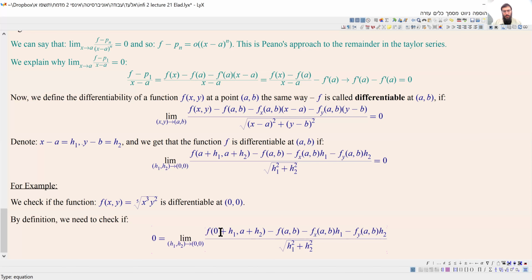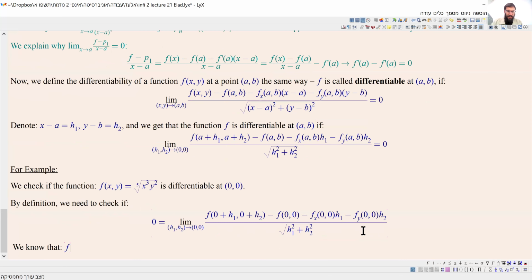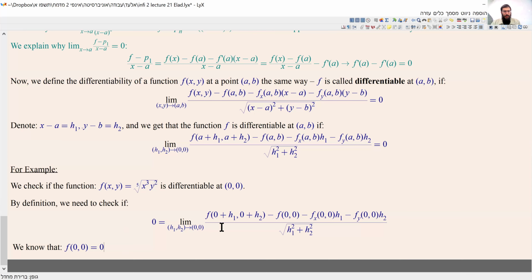Now the value at (0, 0) is 0, so putting 0 here gives you 0.